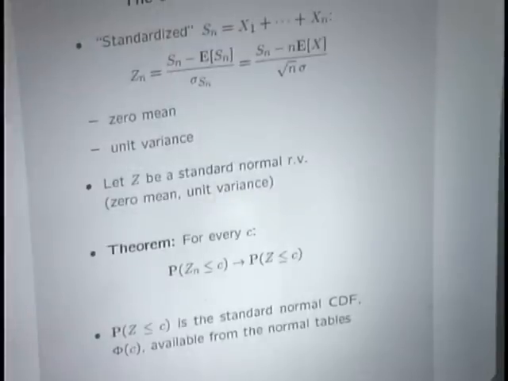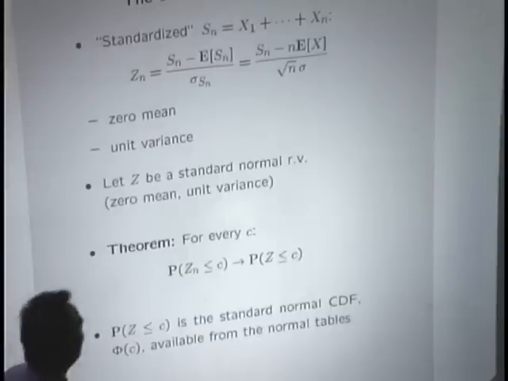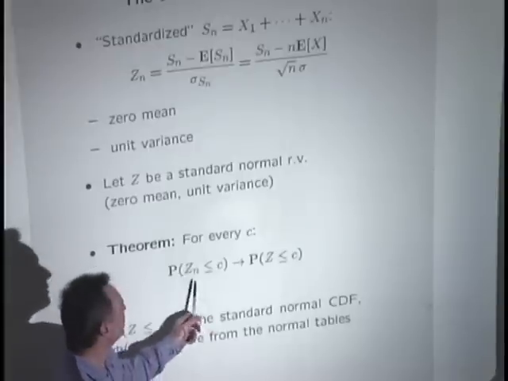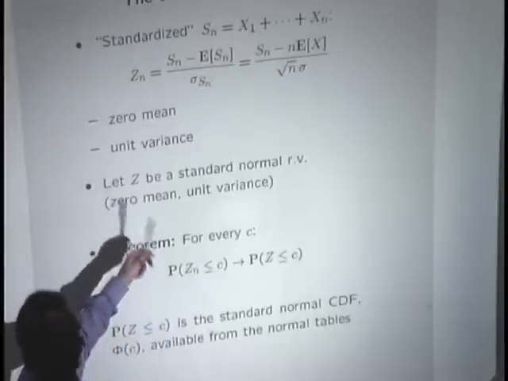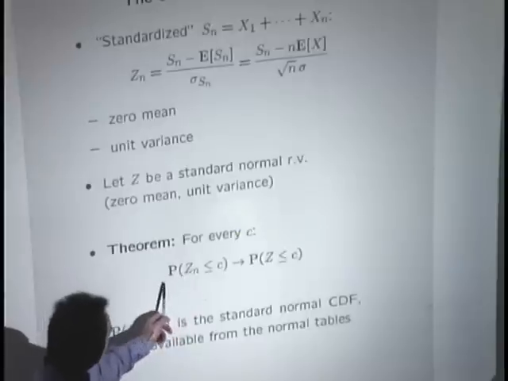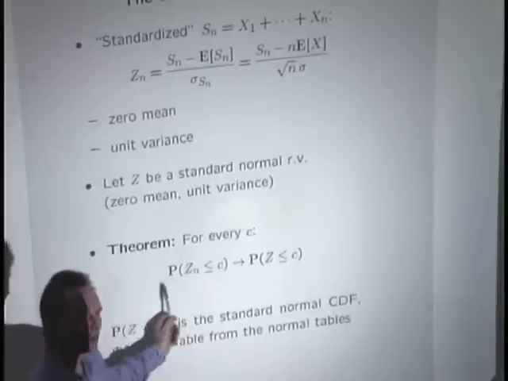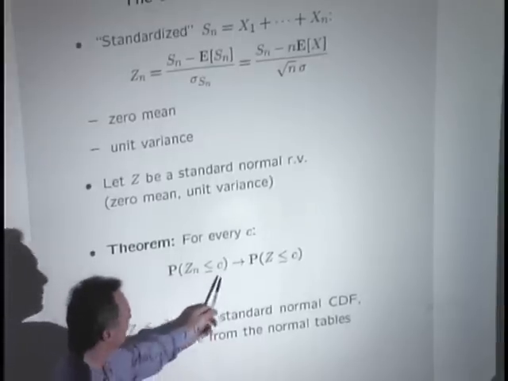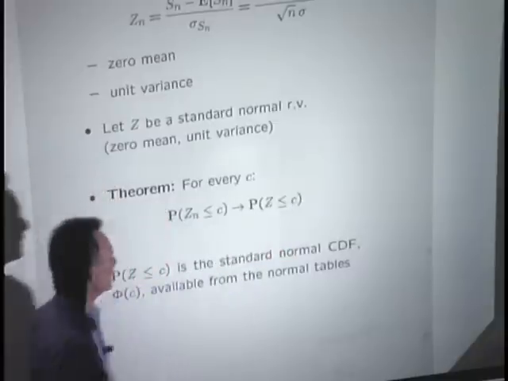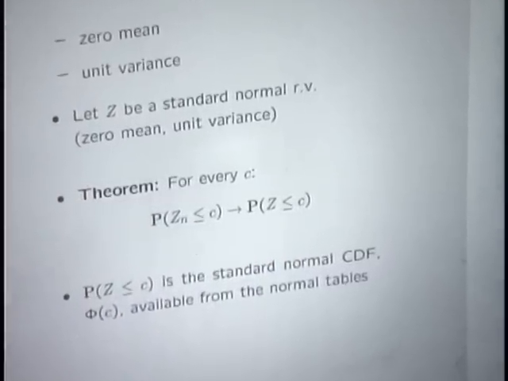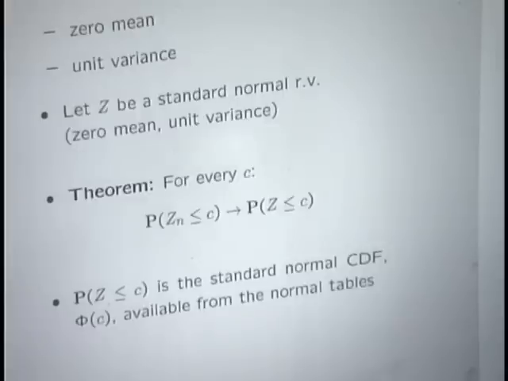The distribution of Zn could be anything, can be pretty messy, but there's this amazing theorem called the central limit theorem that tells us that the distribution of Zn approaches the distribution of the standard normal in the following sense, that probabilities that you can calculate of this type for Zn in the limit become the same as the probabilities that you would get from the standard normal tables for Z. It's a statement about the cumulative distribution functions.